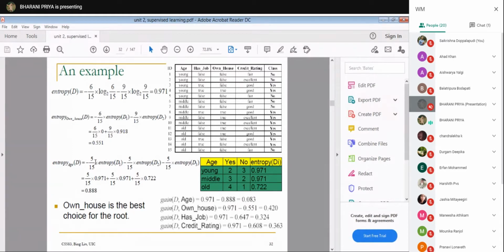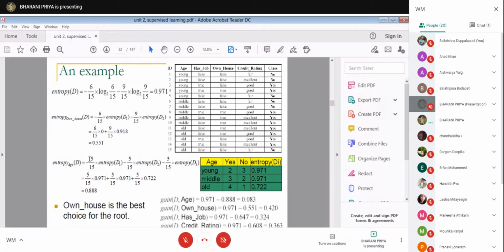Middle 5, old 5. So 5 by 15. Now entropy of D1. How to calculate entropy of D1? Out of 5 records, how many are yes and how many are no?